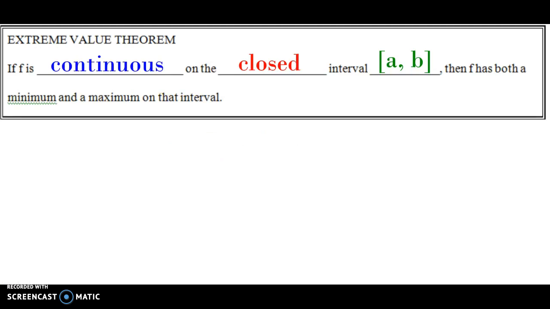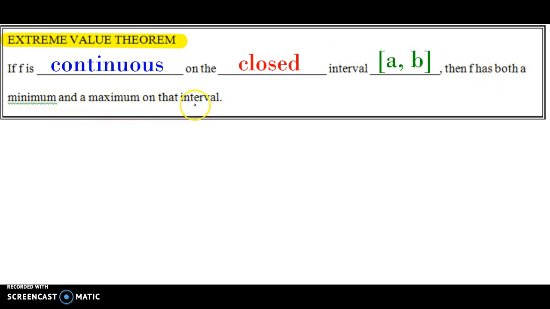Now, we have what's called the extreme value theorem, EVT. And here's what the EVT says. If f is continuous, so the function's continuous, on the closed interval a to b, then f has both a minimum and a maximum on that interval.